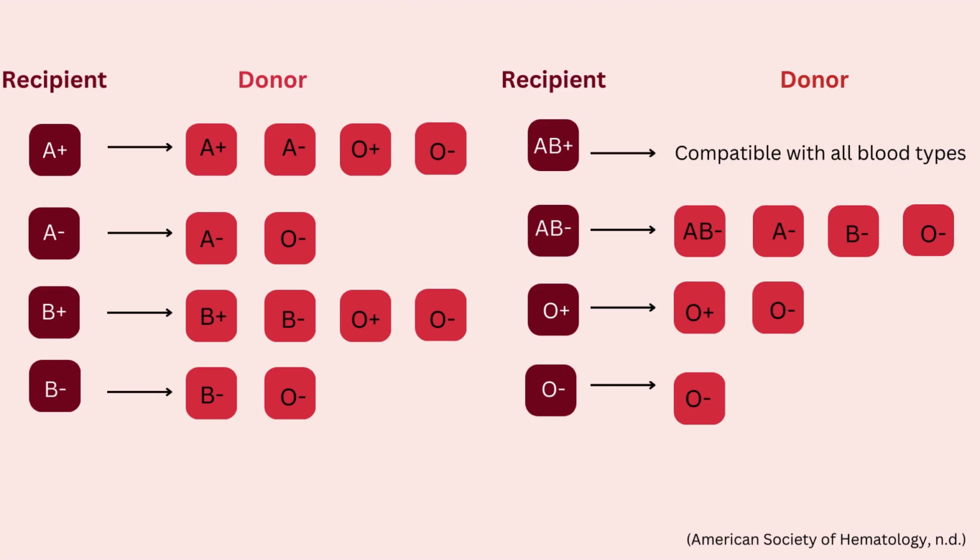Also, AB minus recipients can receive donor blood from donors who are AB minus, A minus, B minus, and O minus, and O plus recipients can receive blood from O positive and O negative, and O negative can receive blood from only those who are O negative.